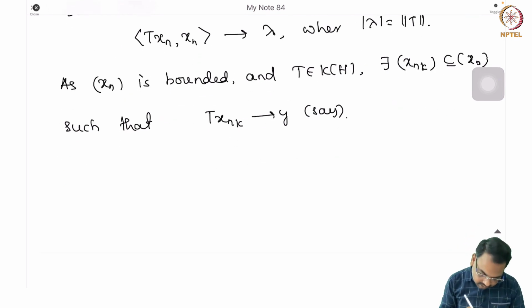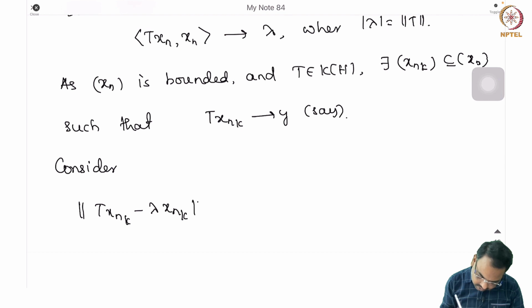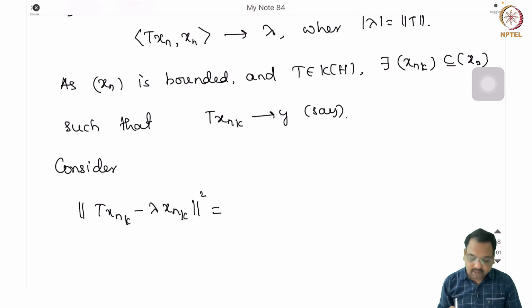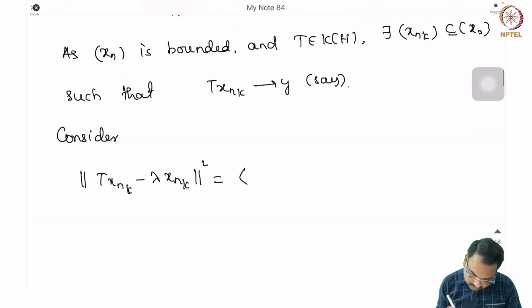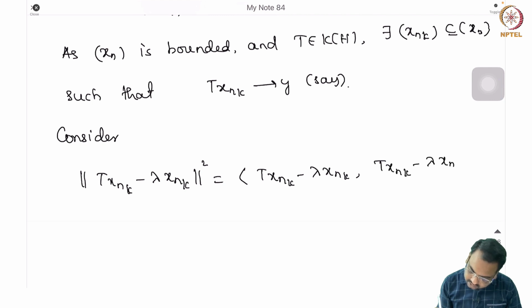Now consider norm of T xnk minus lambda xnk, squared. Expressing this in terms of inner product, this is T xnk minus lambda xnk with itself.